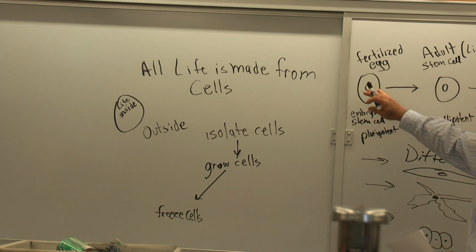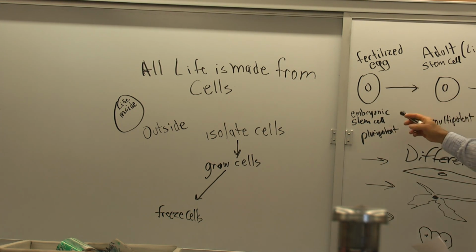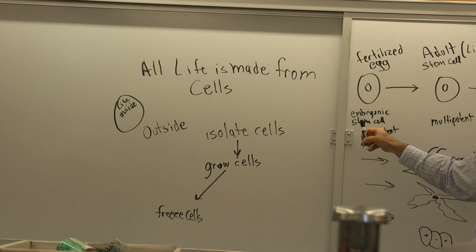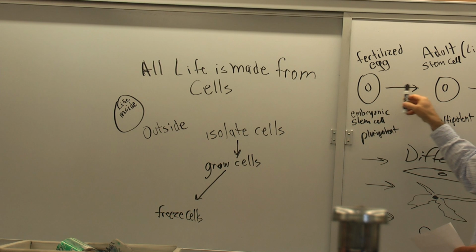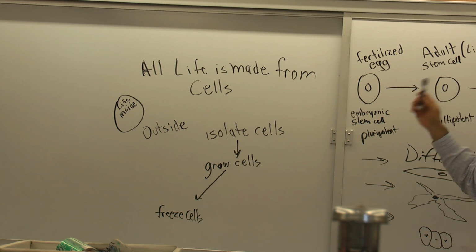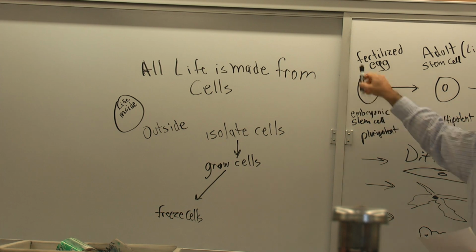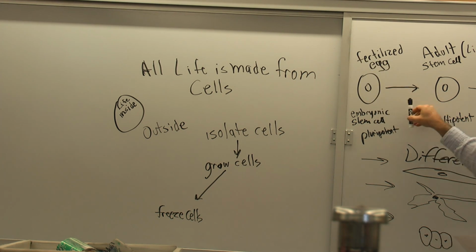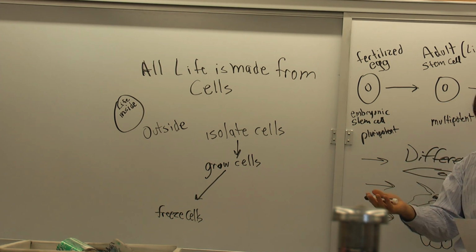Okay, so in the overall scheme here, where we are today is we're certainly not at the fertilized egg thing. We have a biopsy. So this fertilized egg is differentiated. All the cells have differentiated. They've all gone to at least the adult stem cell level. So we're not going to isolate any of these, right? But we could be isolating some of these, the adult stem cells, because we have a skin biopsy.